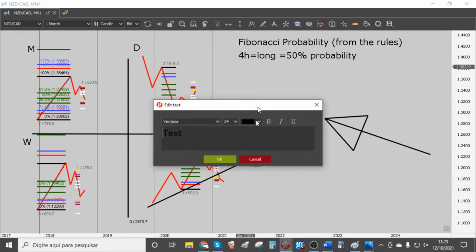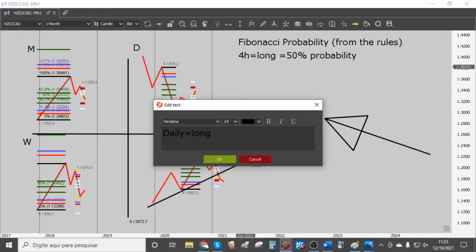Now, what about the daily? So, daily equals long. Passion, why daily long? Well, if we are going long on the 4-hour chart, this is going to consume the daily too. The higher time frame controls the smaller time frame.